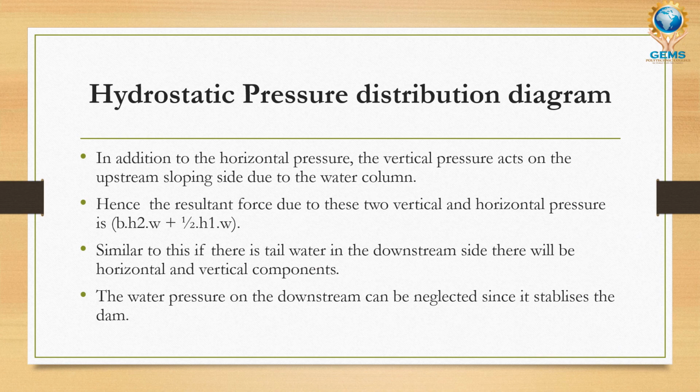In the previous slide, I explained the hydrostatic pressure distribution diagram according to case 2. In this case 2, we have four important points which explain it. First, in addition to the horizontal pressure, that is according to case 1, this horizontal pressure here is according to case 1, and according to case 2, another pressure is also acting.